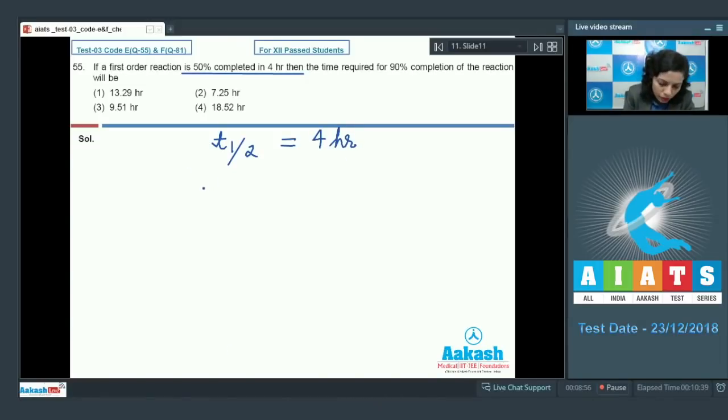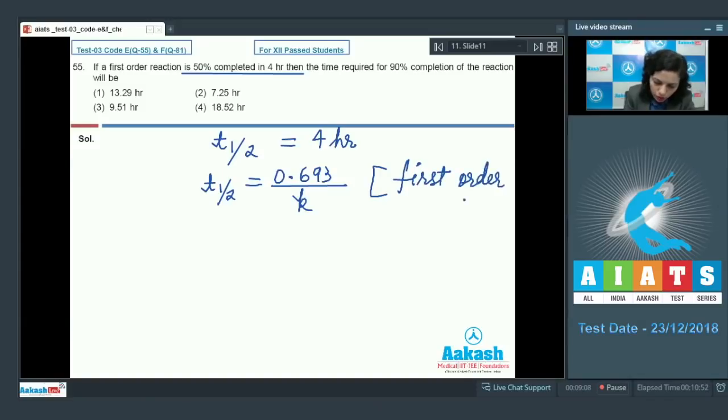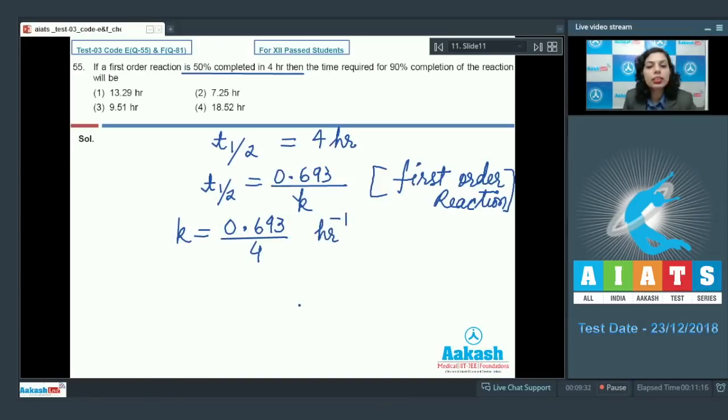Now we know that T half for a particular reaction is equal to 0.693 divided by K, and we are talking about the first order reaction for which it is true. Now we know that this is the formula that we should take here, and on the basis of this we can find out the K value also. This K value would be equal to 0.693 by 4 per hour. This is the K value.